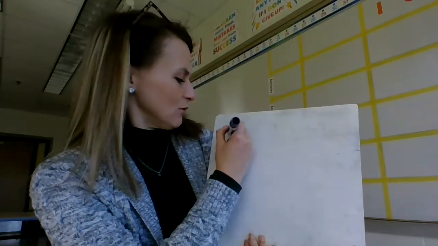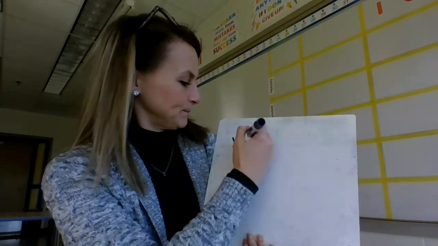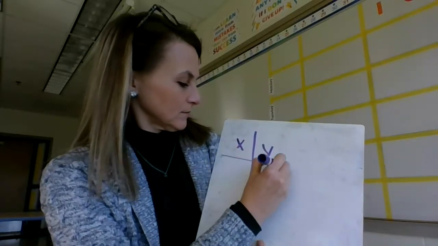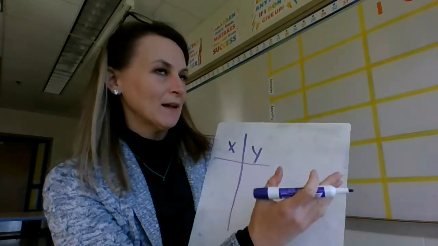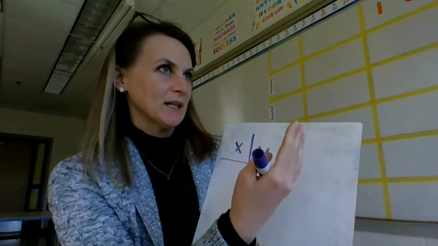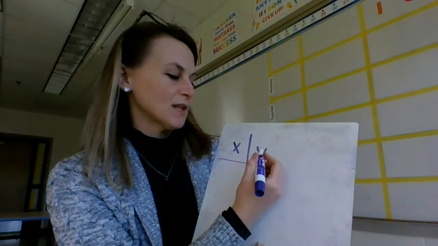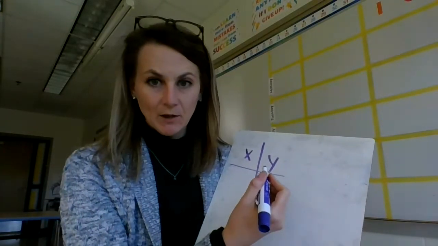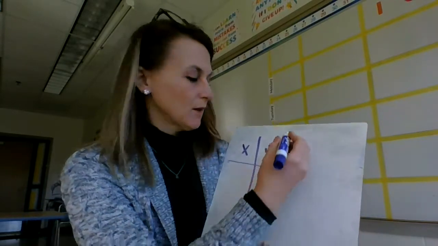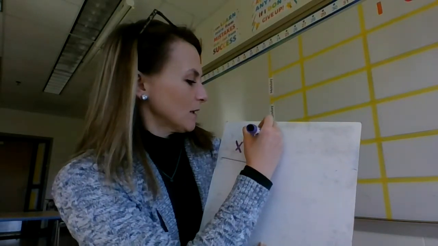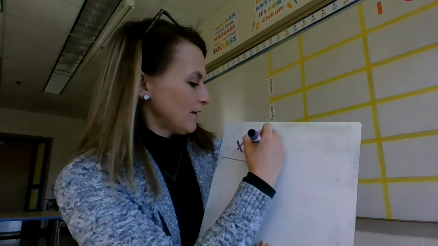All right, so I'm going to do my XY chart. My Y is going to be my product, that thing that gets punched out, so it's going to be the number of followers she ends up having total. So right up here I'm just going to write number of followers.